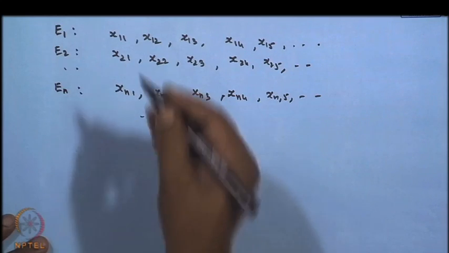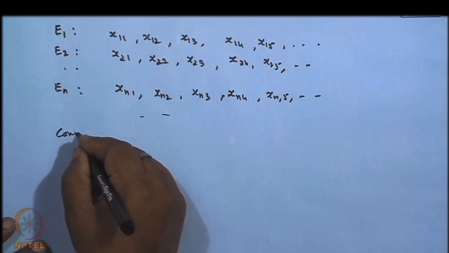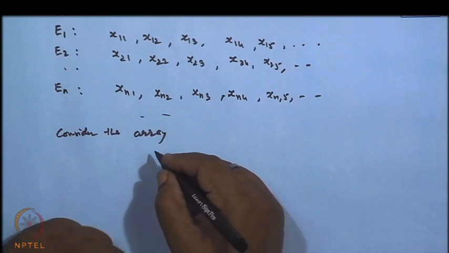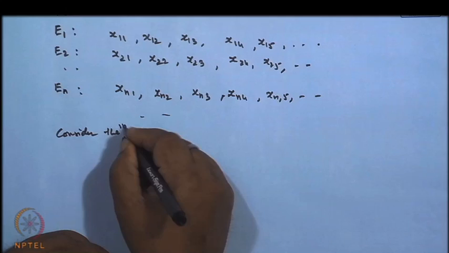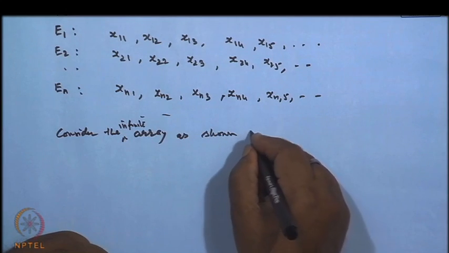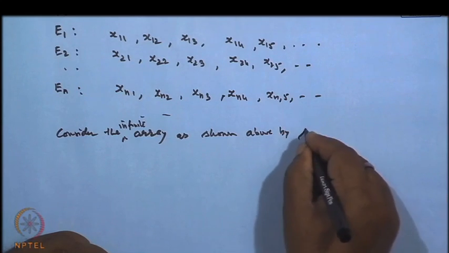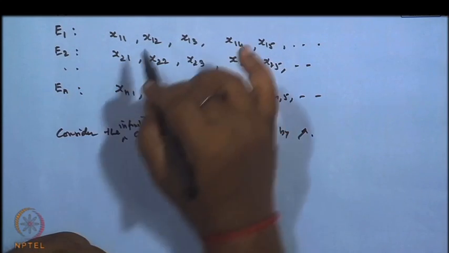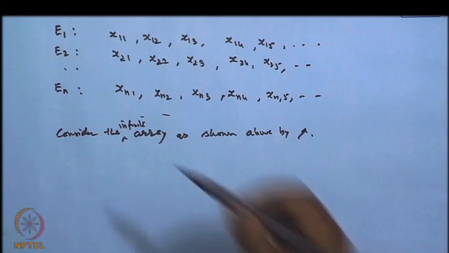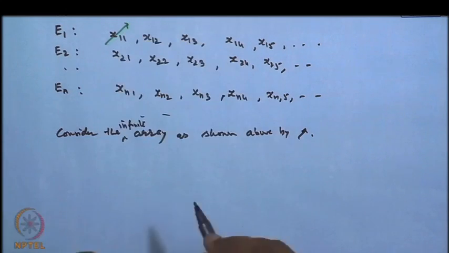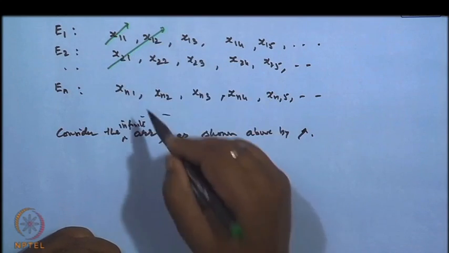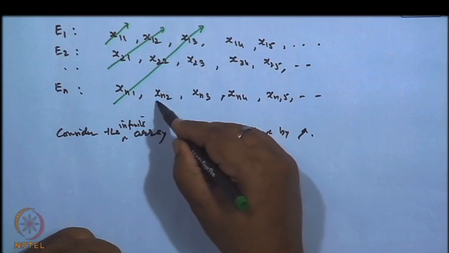Okay. Now, let us consider the infinite array as mentioned above, as shown by the arrows. Suppose I take this arrow first as the first element, then I choose this one, then I take this arrow, then I take this one.